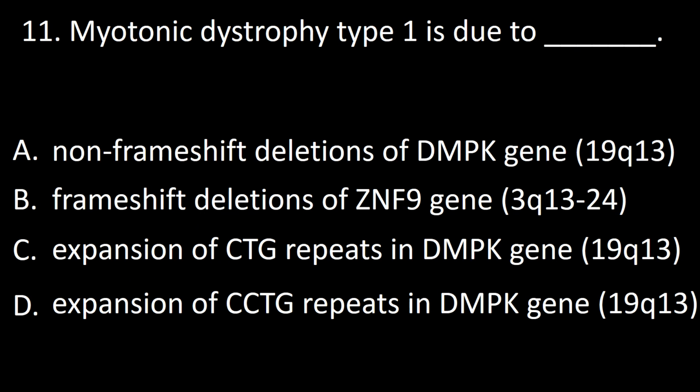The next question is, myotonic dystrophy type 1 is due to: A, non-frame shift deletions of DMPK gene at 19q13. B, frame shift deletion of ZNF9 gene at 3q13-24. C, expansion of CTG repeats in DMPK gene at 19q13 chromosome.